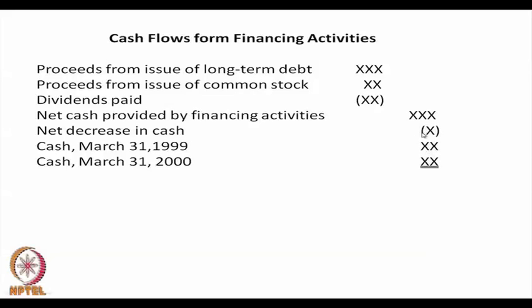Therefore, if you subtract this amount from the cash position held at the end of 1999, then what you get is the cash position at the end of March 2000, and this amount should match with the cash position of March 2000.